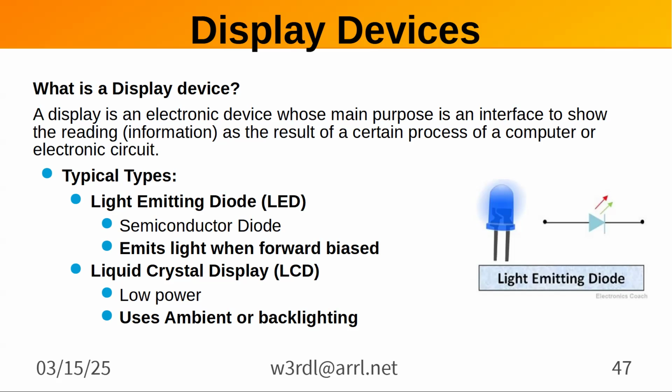So typically nowadays we have light emitting diodes that are used to indicate things are on and off, use the colors to represent stuff, turn the red one on if you get some kind of error, green one on if things are cool. Also liquid crystal displays are in most modern radios, be it a handy talkie or a base station.